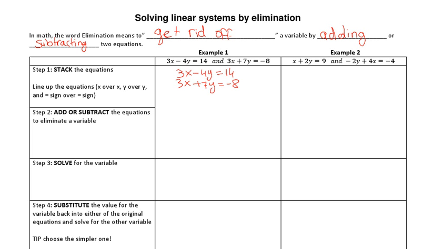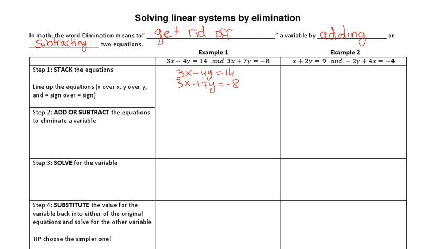X. X has a 3 in front of it for both equations, right? So the easier one to get rid of then is the x. I have 3x in both of them. So what do I need to do to get rid of the 3x? Do I add them or do I subtract? Do I do 3x plus 3x to get 0x, or do I get 3x minus 3x? Subtract.